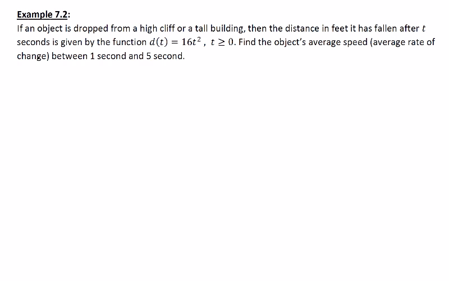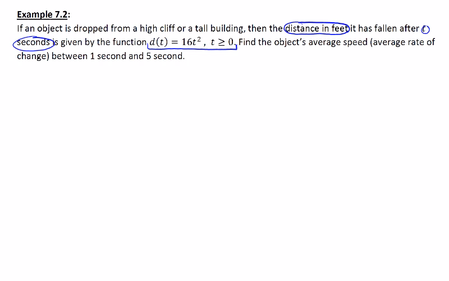It says if an object is dropped from a high cliff or a tall building, then the distance in feet it has fallen after t seconds is given by the function d of t equals 16t squared, t is greater than or equal to 0.